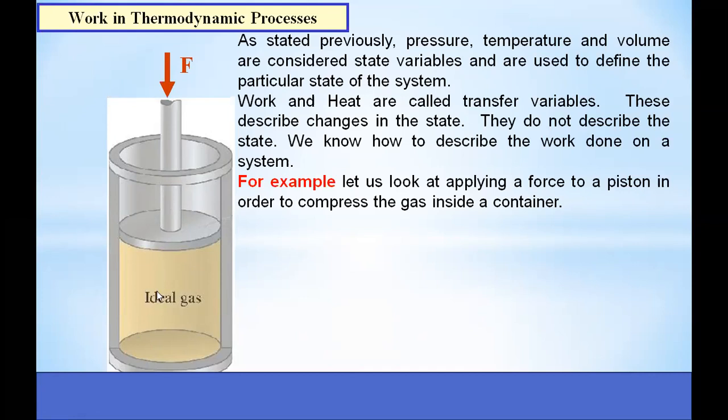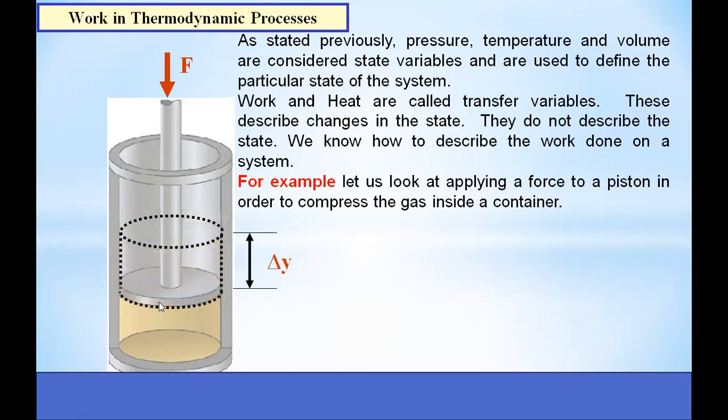It will compress the gas and change the distance, which is delta y. Okay, this is how we compress the gas. From here we have delta y, and this is the area, and this is also the delta V. So we have the area and we also have the change in volume.